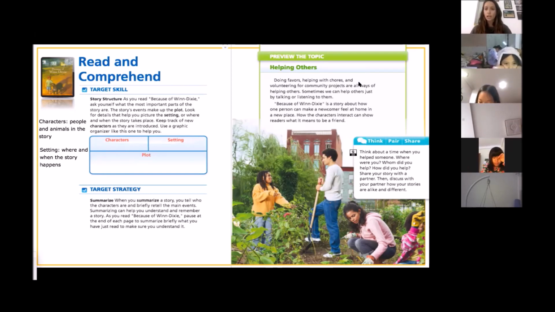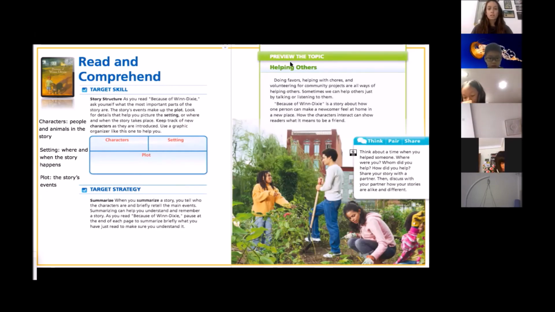And when we're talking about the plot, Ben, what do I mean when I say plot? Plot means story events. Good job. Okay. So we have our characters, our setting, and the plot. So when we are looking at story structure, we can recognize the most important parts in a story.